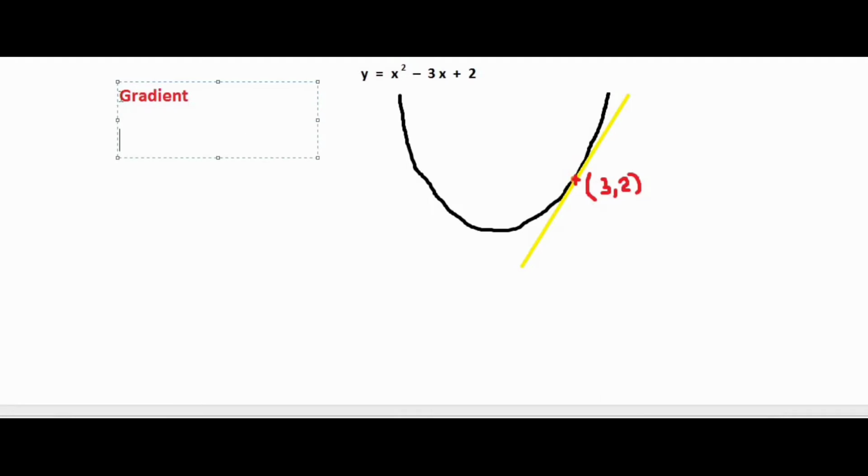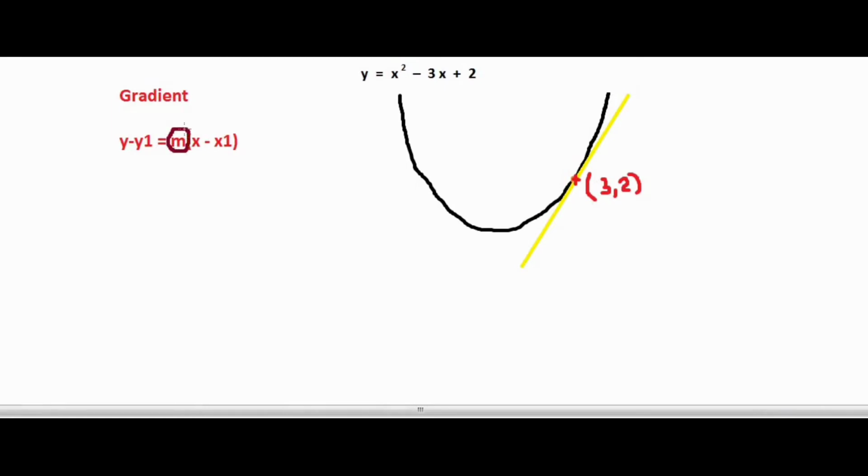Because remember the equation of a straight line, which is y minus y1 is equal to m of x minus x1. In IGCSE classes, we learned the equation of a straight line as y is equal to mx plus c. But here in AS level, we have to use y minus y1 is equal to m of x minus x1.